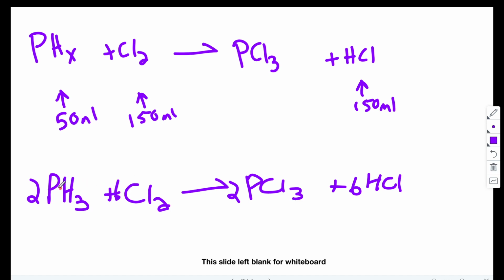And we notice, oh wait, no, all of these could be divided by 3, so should it be PH3Cl? Yeah, I'm not sure what kind of cognitive error I had there. 3Cl. And notice we'll have 6Cl here.